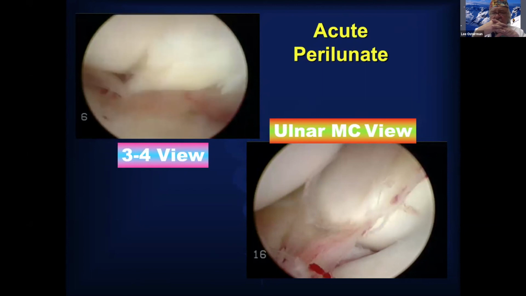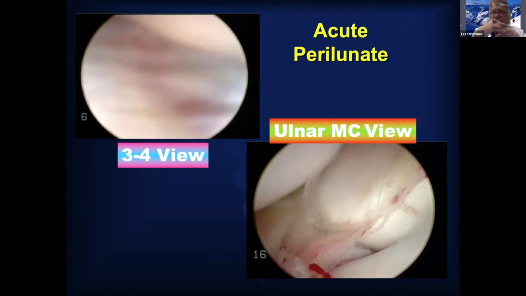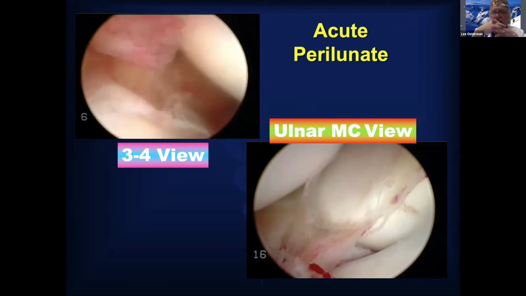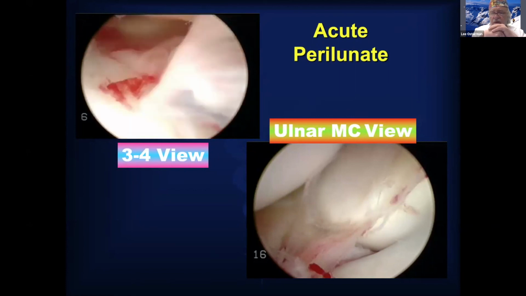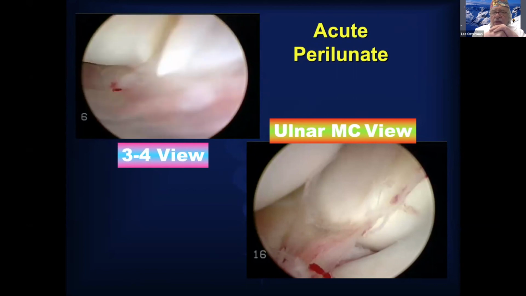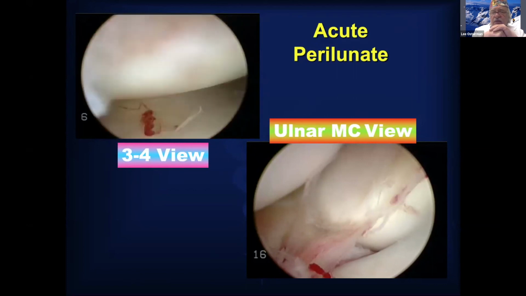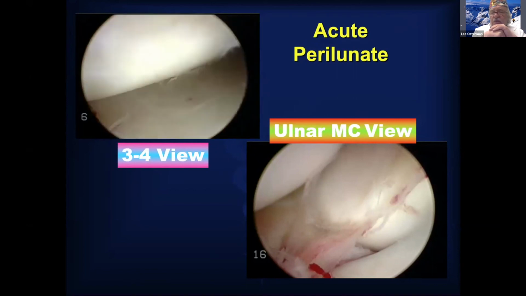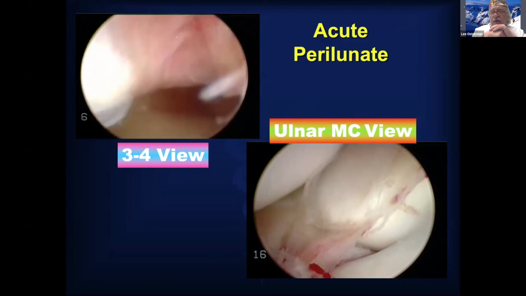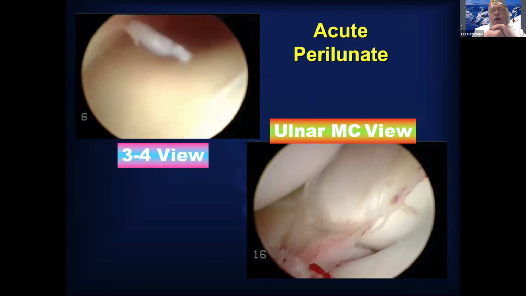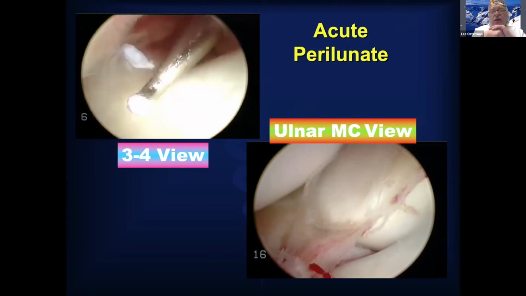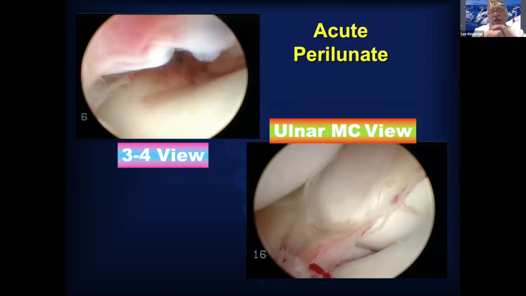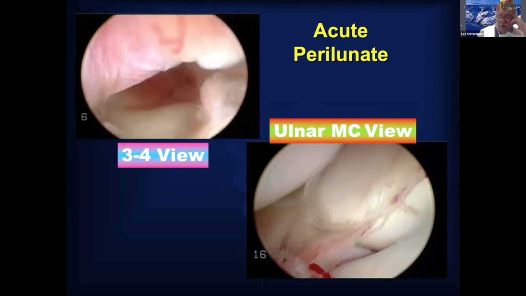Then 2 days later, he had an arthroscopic evaluation. We see the 3-4 portal, and surprisingly, you do see the tears of the ligaments, the scapholunate ligament tear there, the lunate there as we swing over. The TFC is okay, and the probe is looking at the LT ligament, and the LT is torn as the probe is showing.